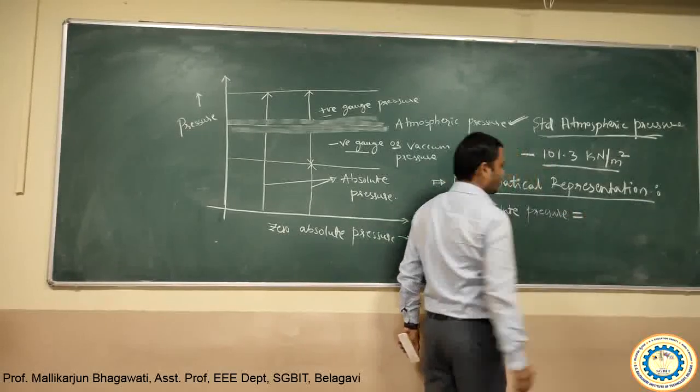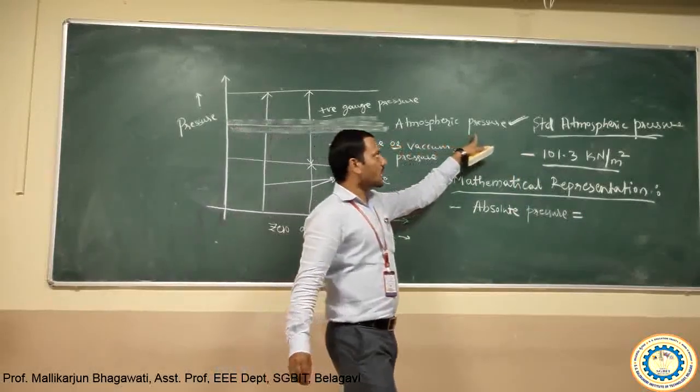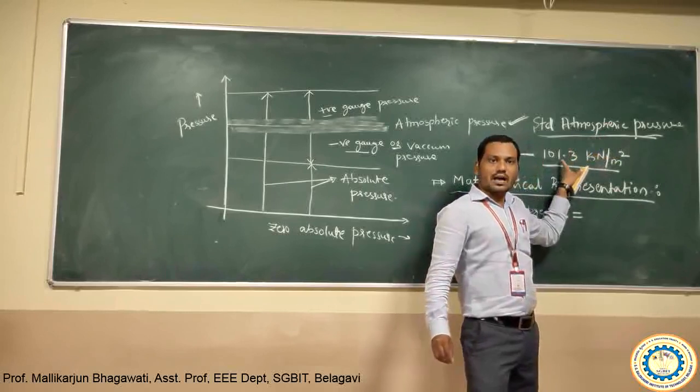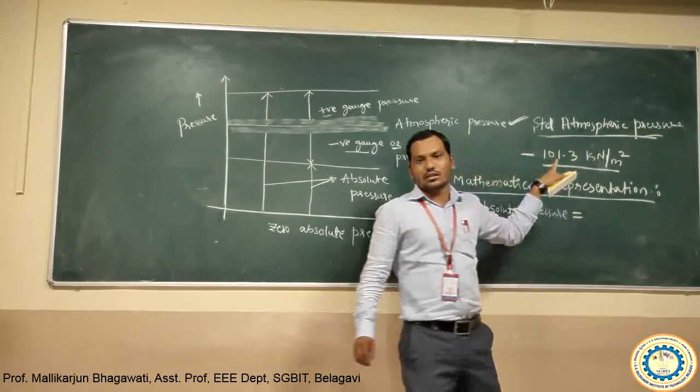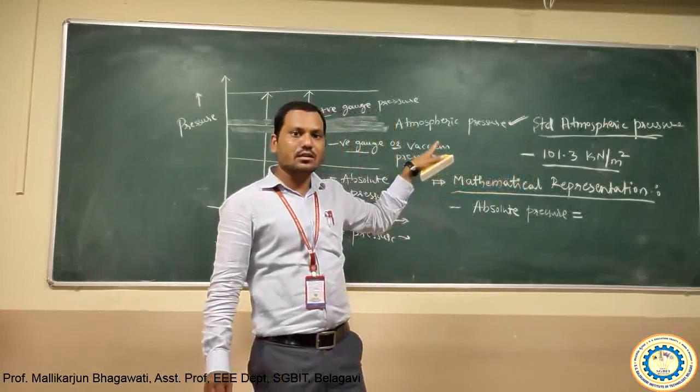Already we know the standard atmospheric pressure is 101.30 kilonewton per meter square.